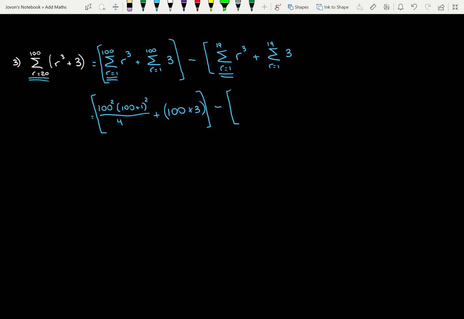Minus would be 19 squared multiplied by 19 plus 1 all squared, n plus 1 all squared, all over 4, plus, because again remember the minus sign distributing, it'll be plus 19 times 3.